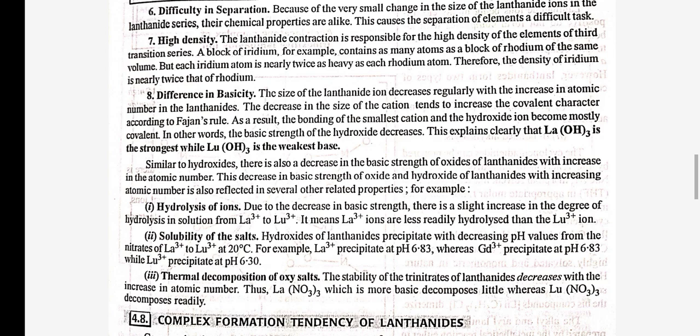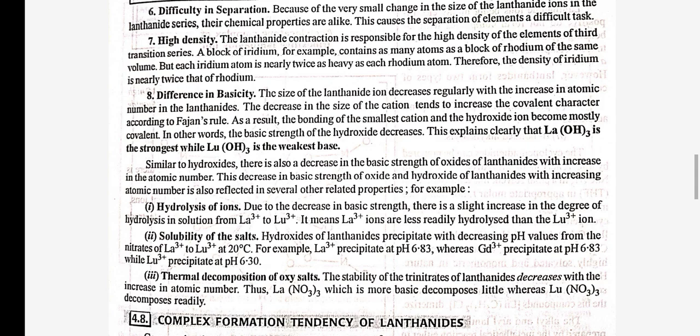Solubility of the salts. Hydroxides of the lanthanides precipitate with decreasing pH values from the nitrates of lanthanum 3+ to lutetium 3+ ions at 20 degrees Celsius.